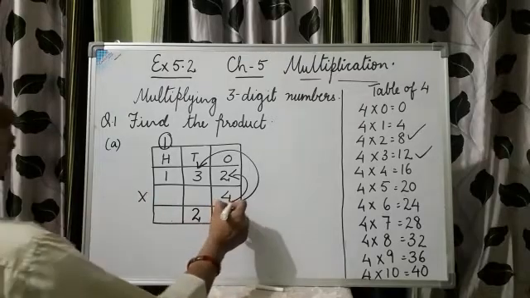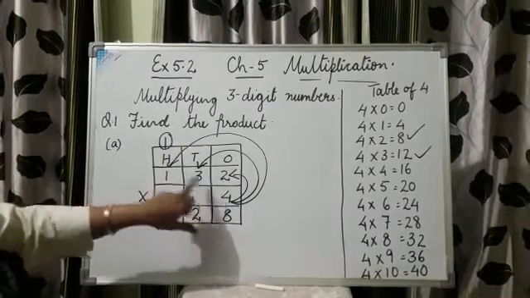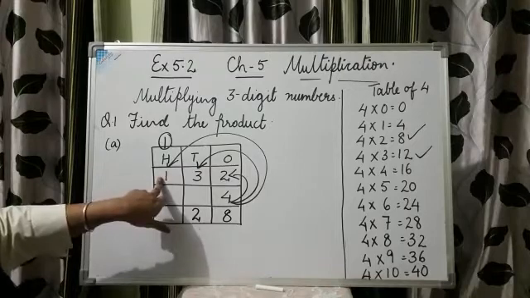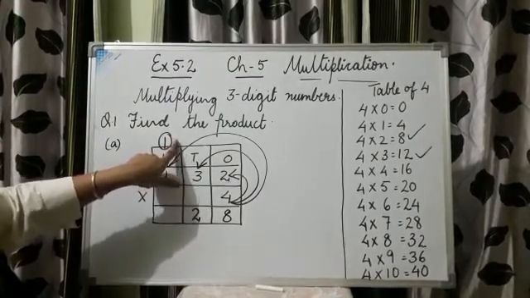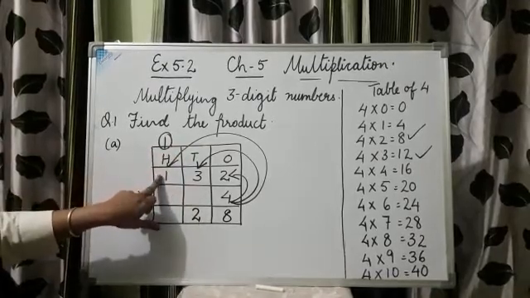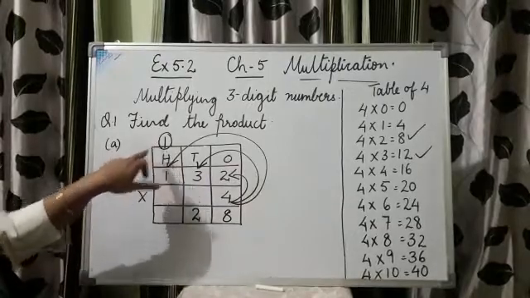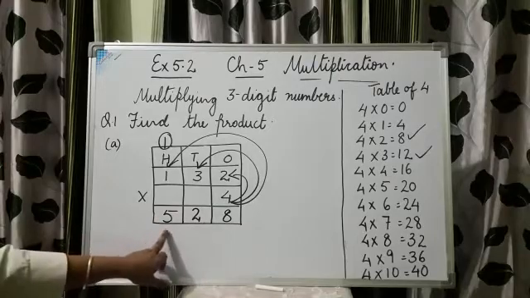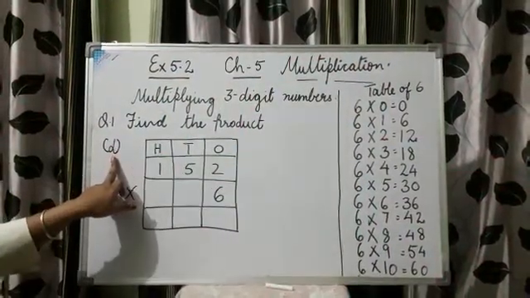Now we have to multiply with the hundreds digit, that is 1. 4 multiplied with 1 is 4, plus the next step which is important, the carryover has to be added with the multiplied answer, that is 4 1s are 4 plus 1 is 5, which gives you the product 528.